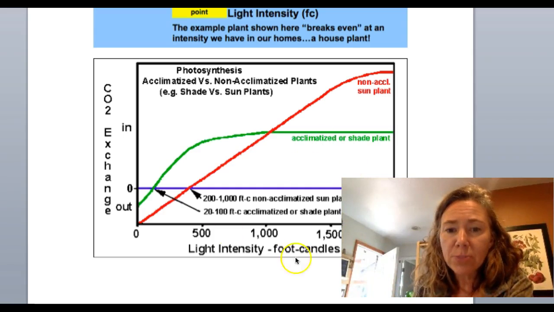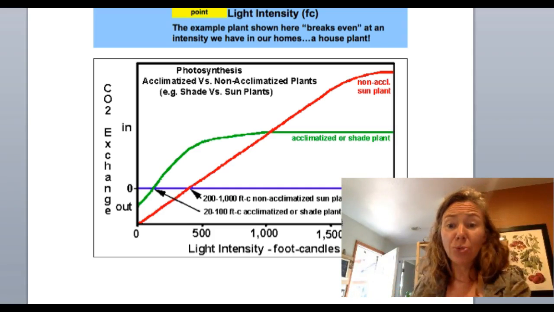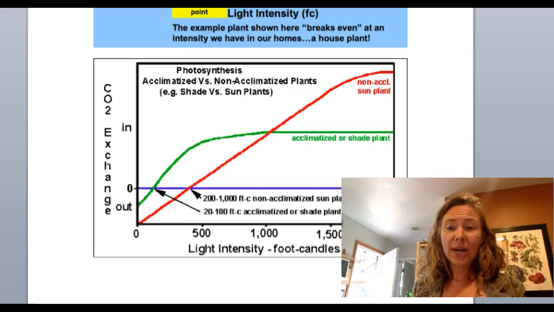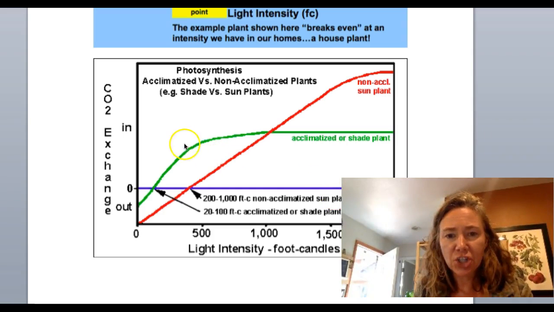In general, most plants in the range of 1,000 to 2,000 foot candles have what we call a light saturation point, where any additional amount of light is not going to lead to additional rates of photosynthesis, because your plant, depending on where it's acclimatized to, is going to know, hey, I'm going to run out of water or CO2, or enzymes, if I keep responding to light at this higher rate. Plants that are acclimated to shade, for example, might hit their light saturation point at much lower light intensities.